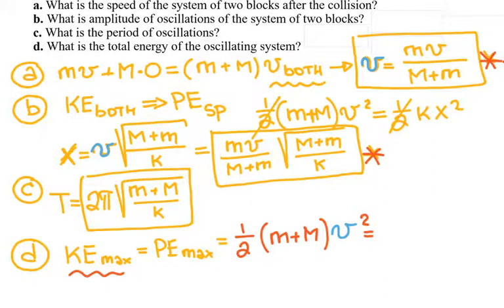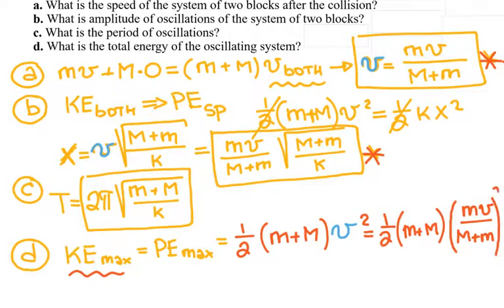Now if I plug in my numbers, I have 1/2 the masses added, and then I have mv over m plus m, that's the velocity, squared.